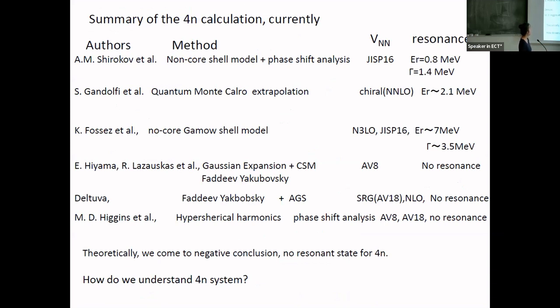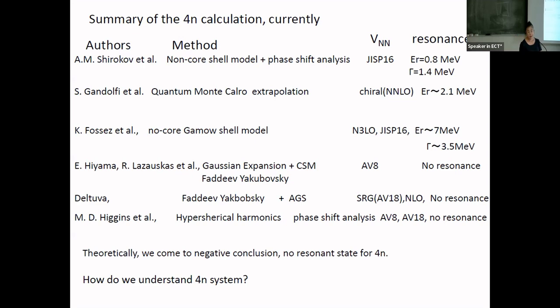In my case, we used the Gaussian expansion method, and with the nucleon-nucleon interaction, we couldn't find any resonance state. After that, Hiyama and Carlson, also used almost similar interactions with different methods, and also found no resonance state. So theoretically, I believe we had a very negative conclusion, that means no resonance state.